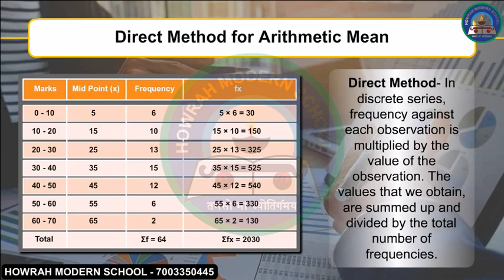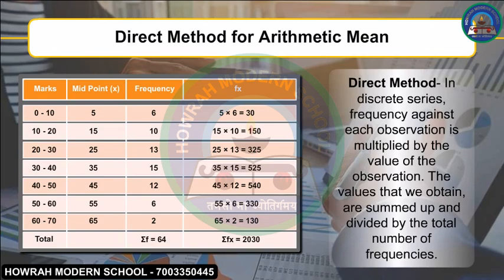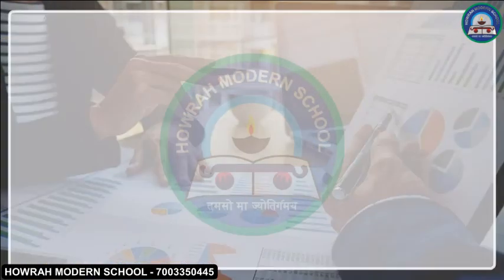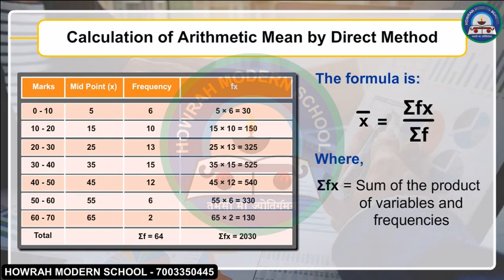The values that we obtain are summed up and divided by the total number of frequencies. The formula is x bar is equal to summation fx upon summation f, where summation fx is equal to sum of the product of variables and frequencies, and summation f is equal to sum of frequencies.